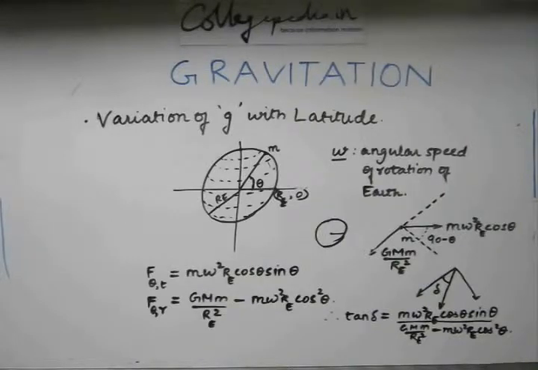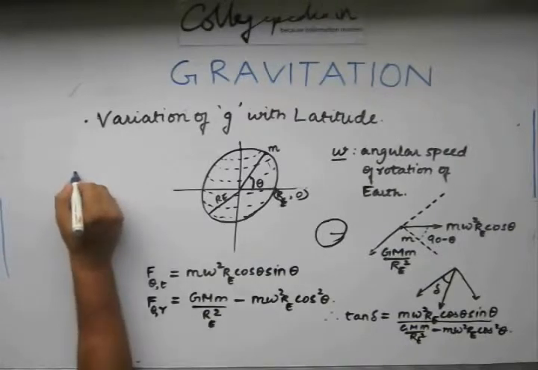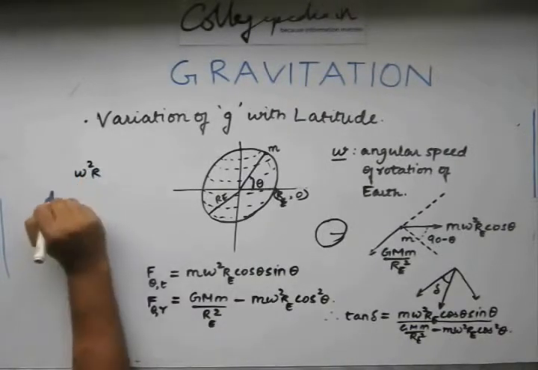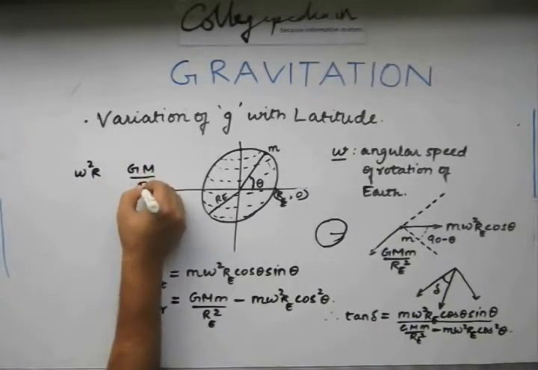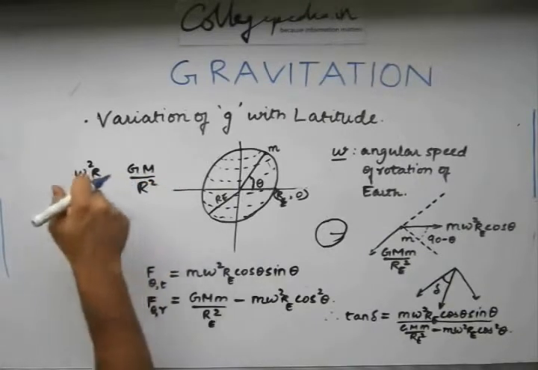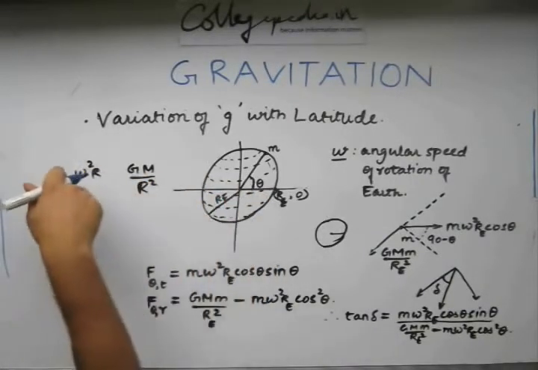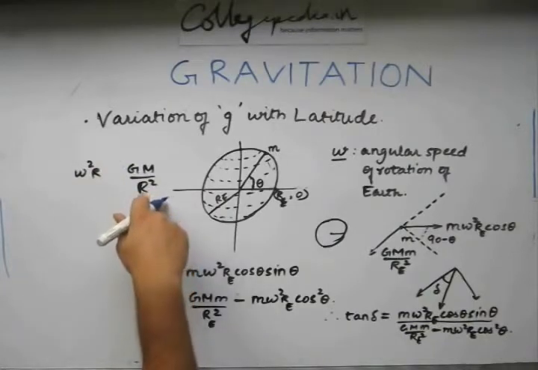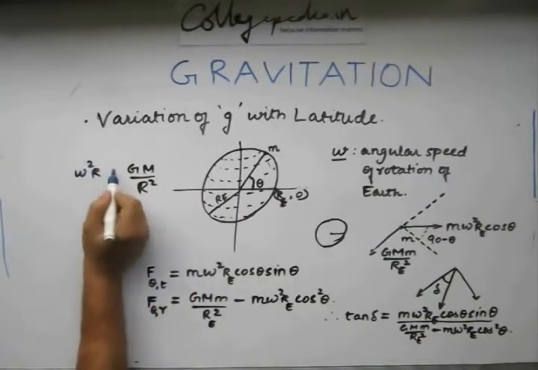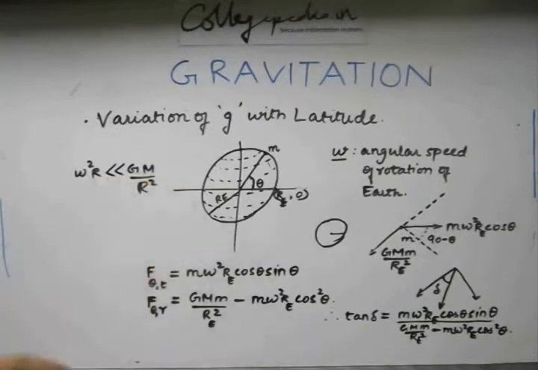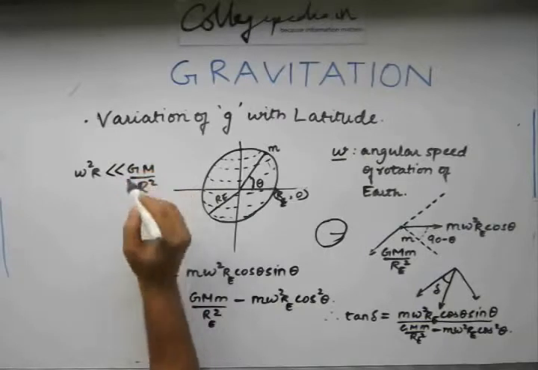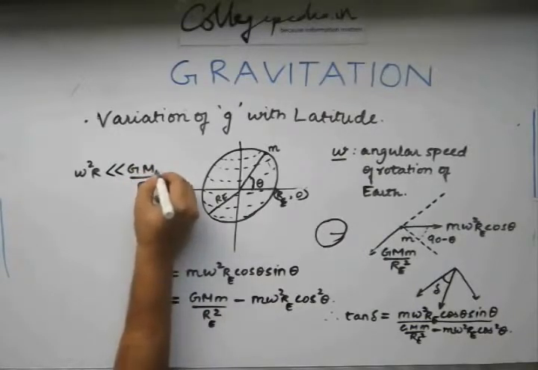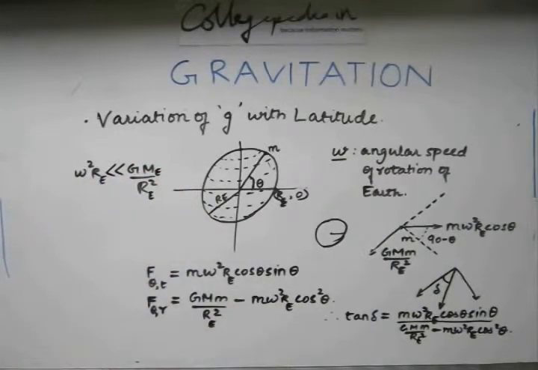Now, we must note some basic facts. If we calculate the value of omega square r and the value of GM by r square, both being acceleration terms, this is the acceleration due to the centrifugal force, this is the acceleration due to gravity. We will find the value of this is much less than the value of this. You may verify by putting the values of GM and r corresponding to the earth.